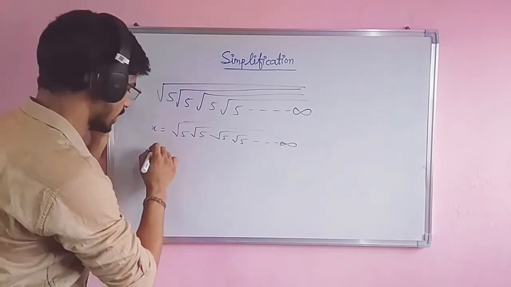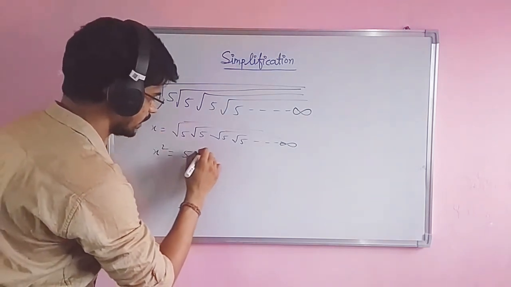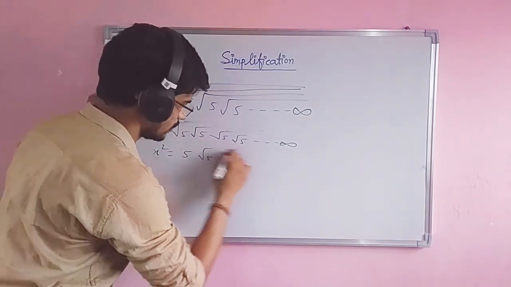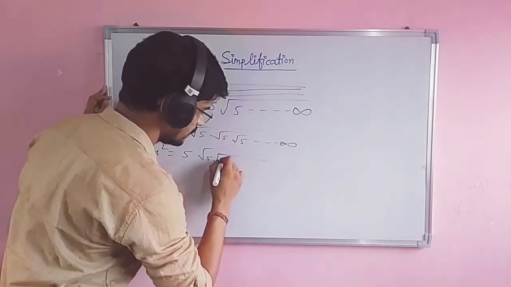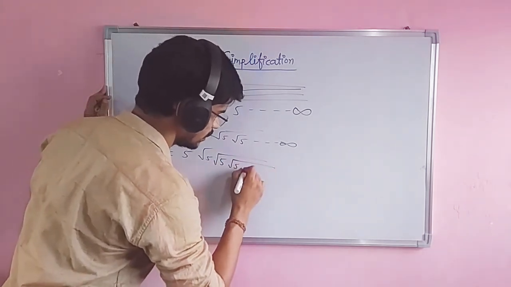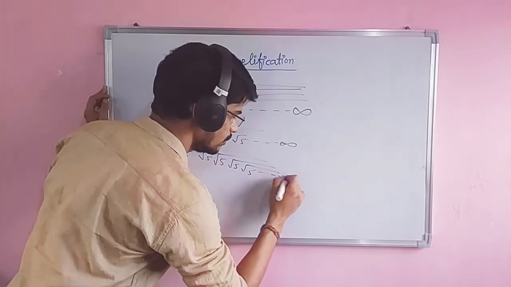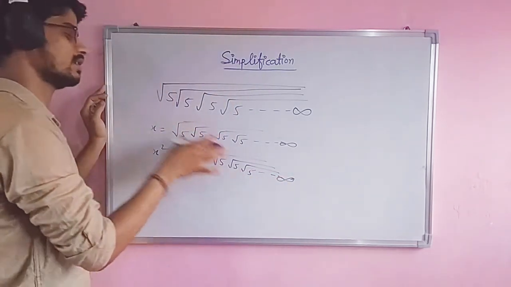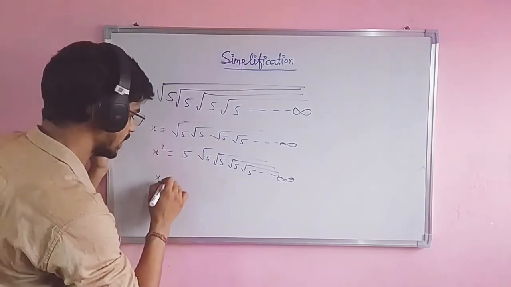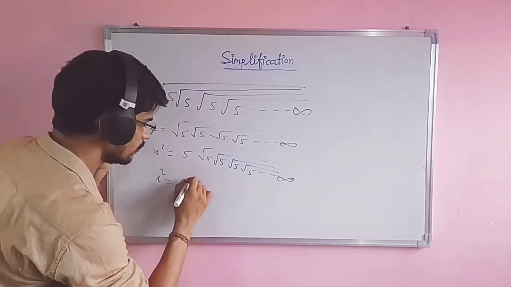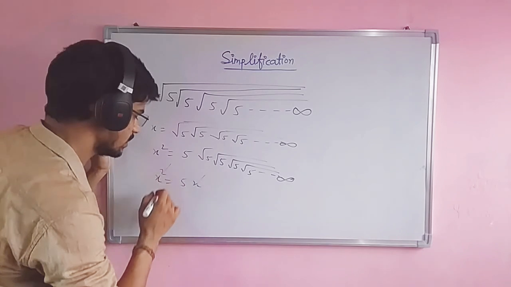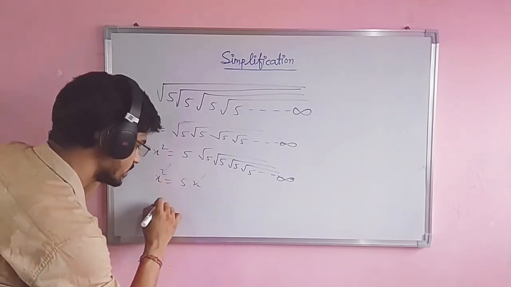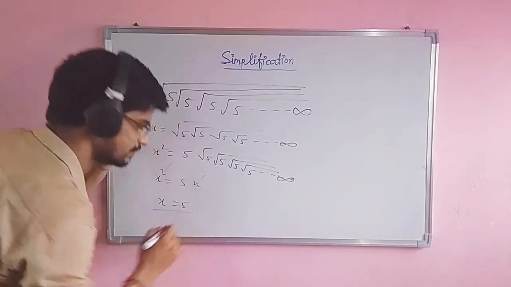Clear? X square is 5 under root 5 under root 5 under root 5 up to n times. Here this is equal to x. Here x square is equal to 5x. X is divided by this one. Here x is equal to 5.